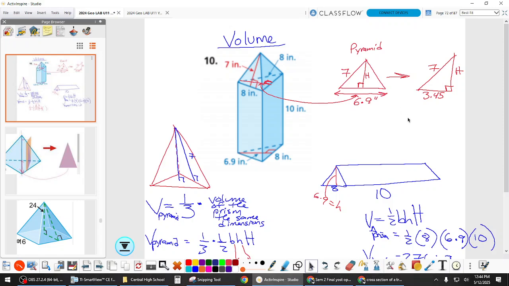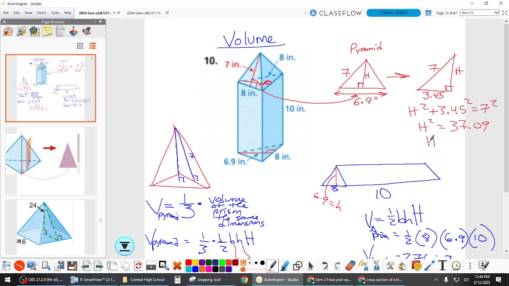This should have been h squared plus 3.45 squared equals 7 squared. So 49 minus, this is probably like 12, 13? Okay. So what'd you get on the right side? 49 minus 12, like 37.09. Okay.